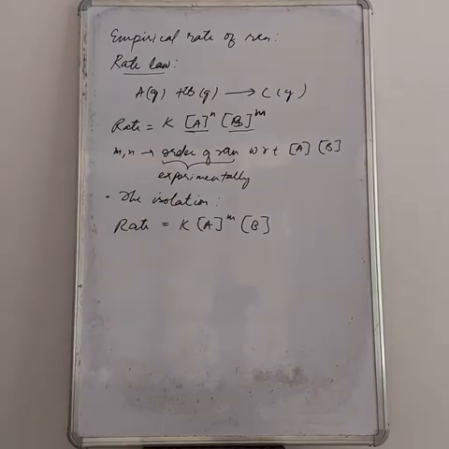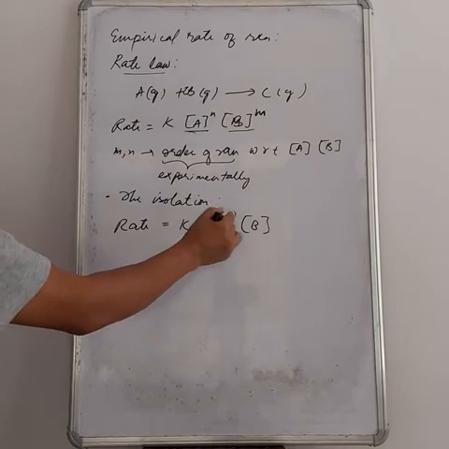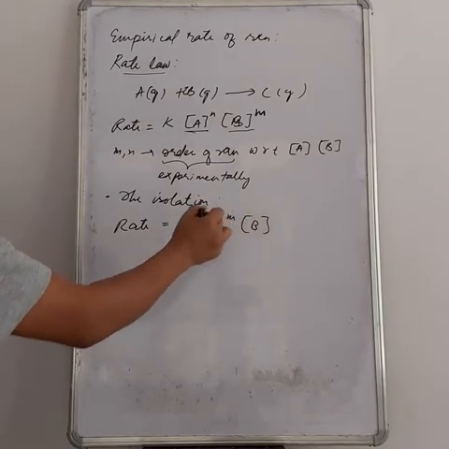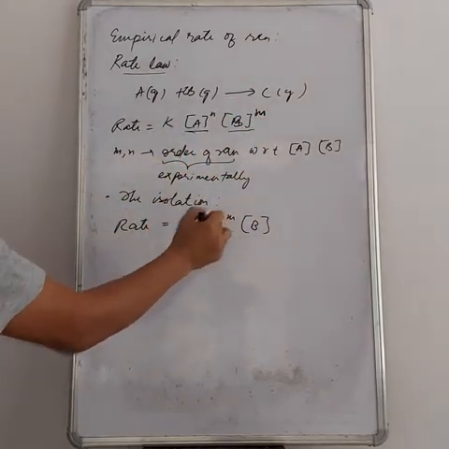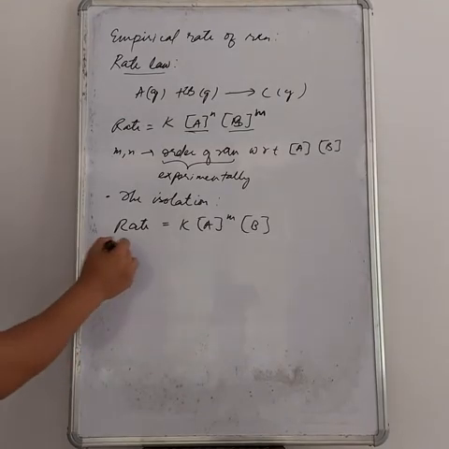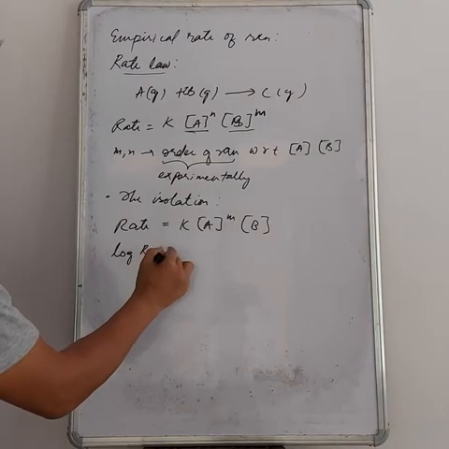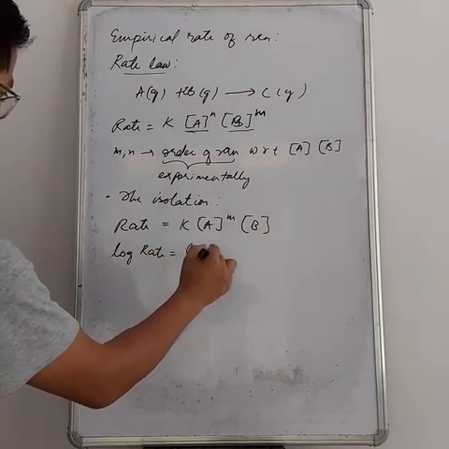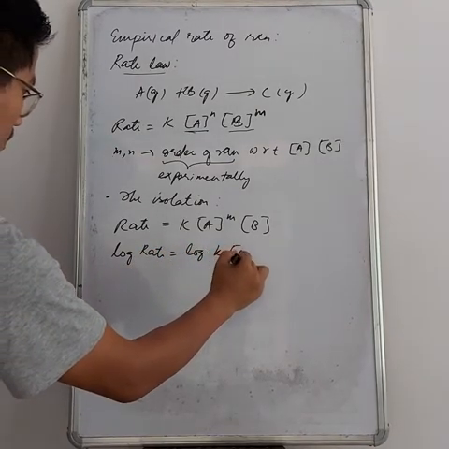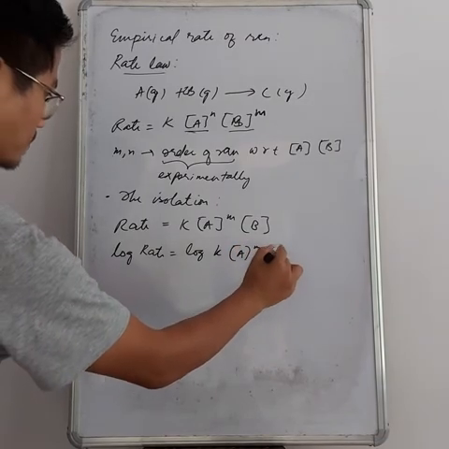So how do we do that? To determine the order of the reaction for m, we just take the log on both sides. So log of rate is equal to log of k A to the power m B to the power n.